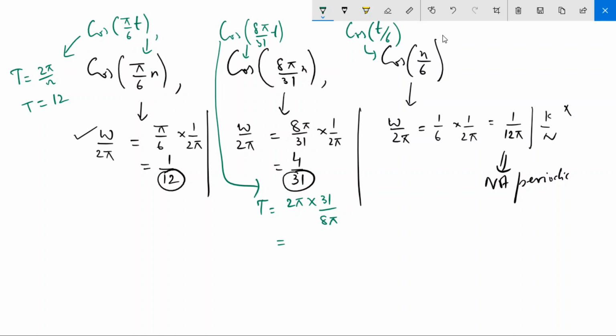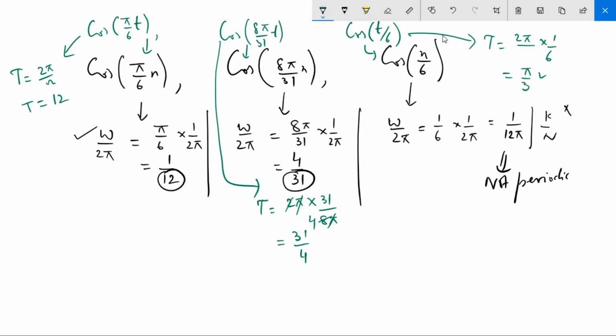It will become 31 by 4, as pi gets cancelled. And for the signal cos t by 6, what is your time period? It is 2 pi by omega naught, that is 2 pi into 6, so you will get 12 pi.